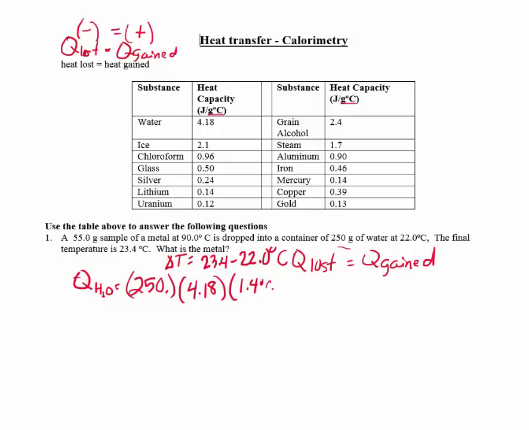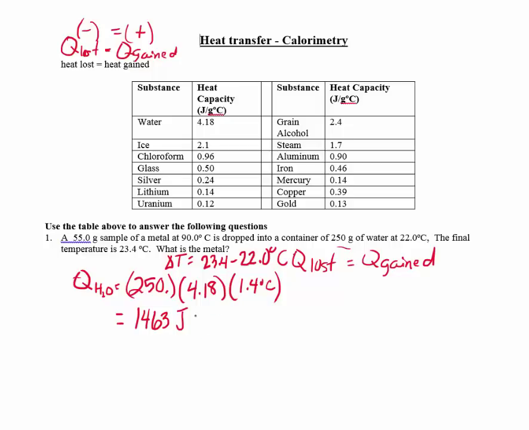So how much did water change? 1.4 degrees Celsius. So pull out the calculators, we can do the math, just multiply them. And when we multiply it, it tells me that it's 1,463 joules. Remember when we do Q equals MC delta T, because specific heat is in joules, our answer is in joules.